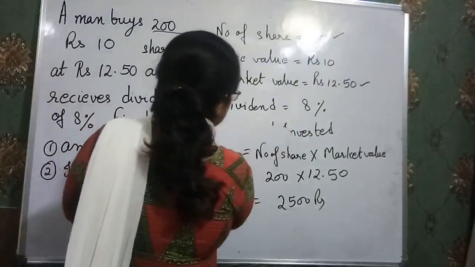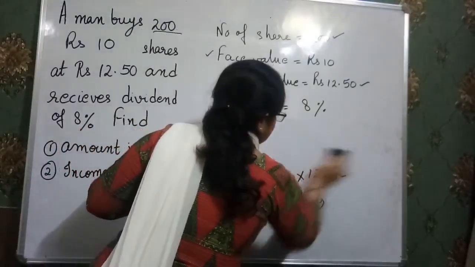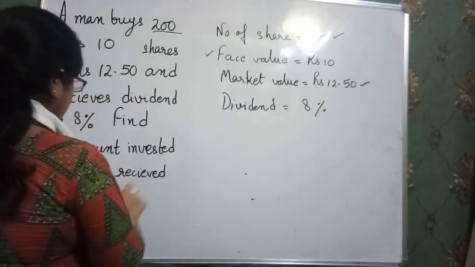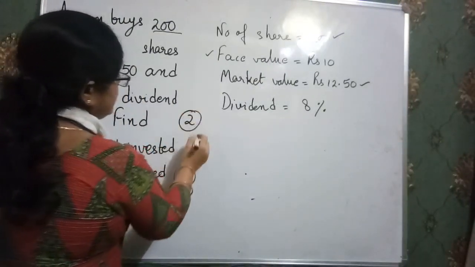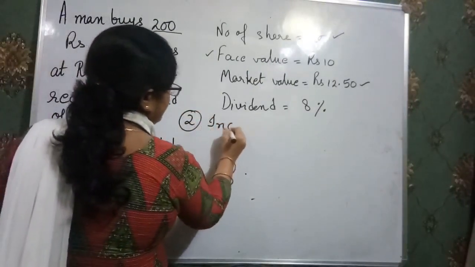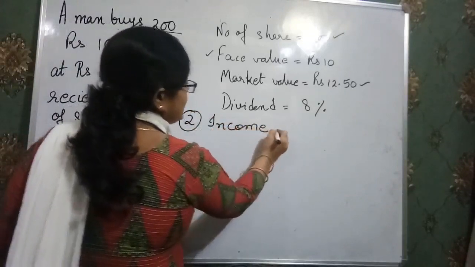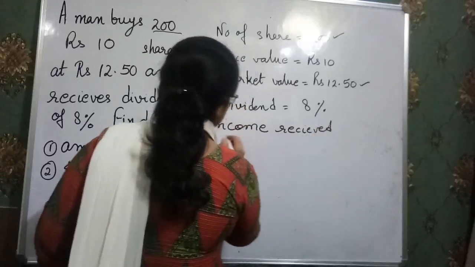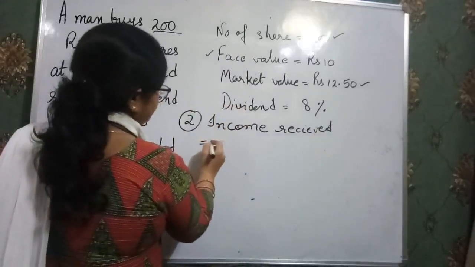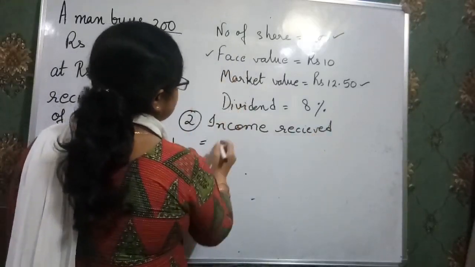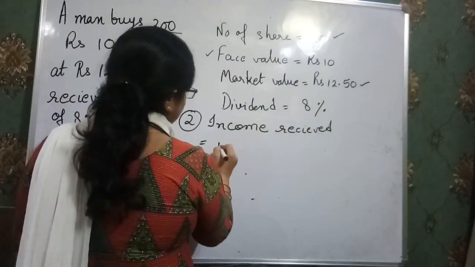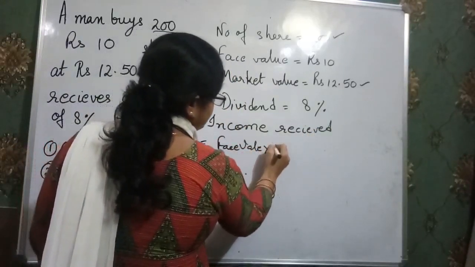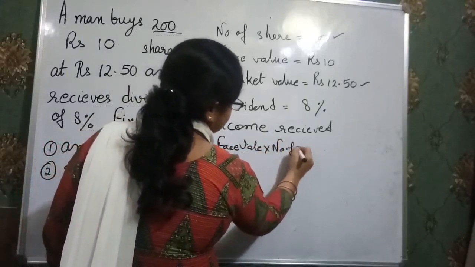I'm just rubbing this portion. Income received. Income is actually given by the company to the shareholders. Here we just multiply the face value of the share by the number of shares.